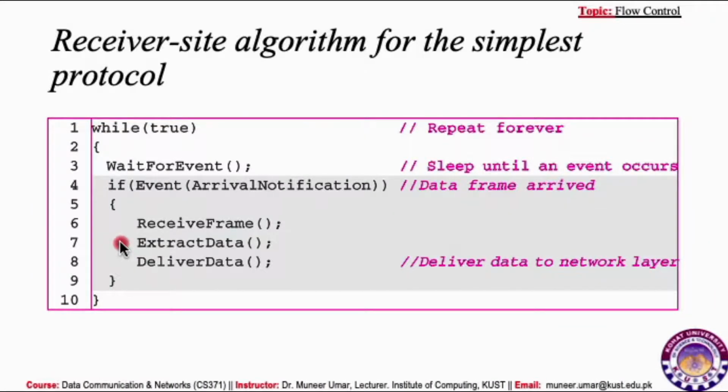After the event occurs, the data link layer receives the frame from the physical layer using receive frame, extracts the data from the frame using extract data, and then delivers the data to the network layer using deliver data.